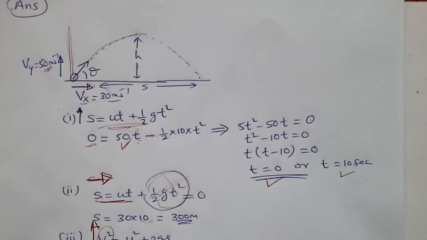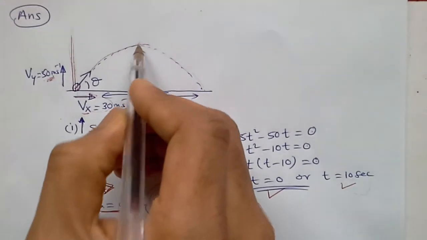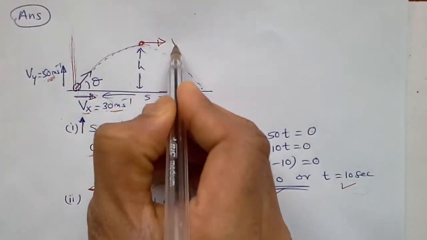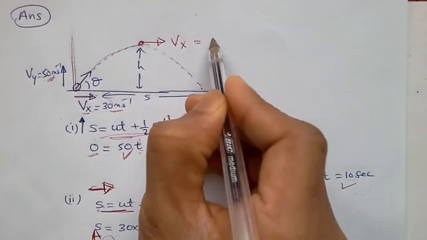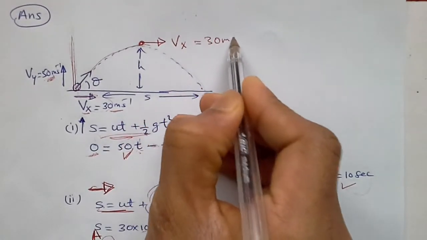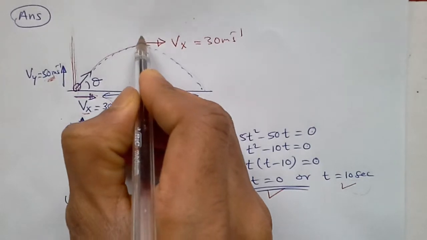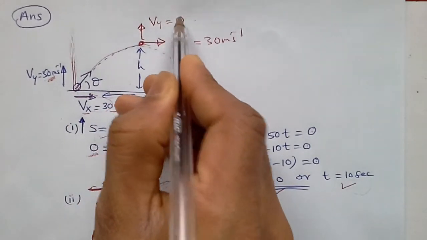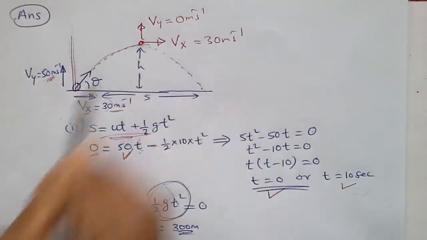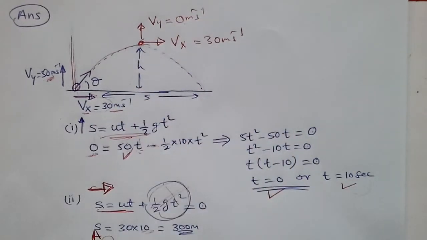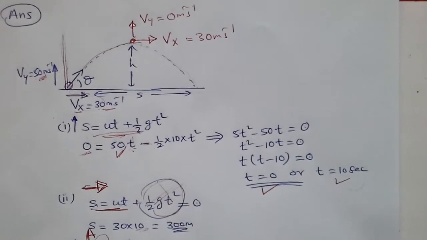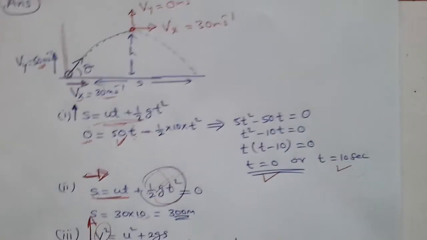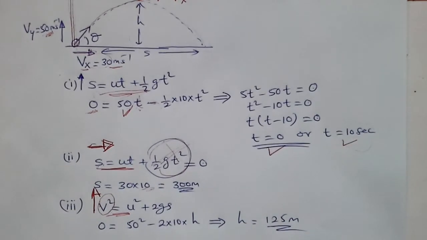So when the ball reaches this point, you'll have only the horizontal component, Vx would be 30, but Vy would be 0. If you get this idea, I'm going to use v squared equals u squared plus 2gs.